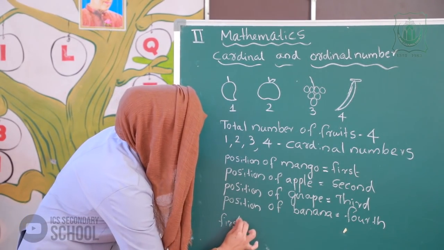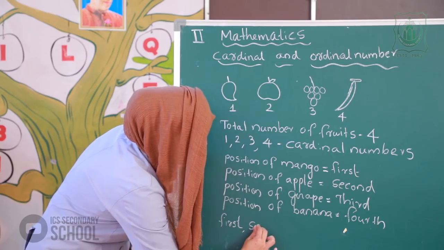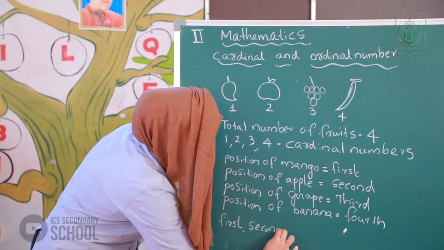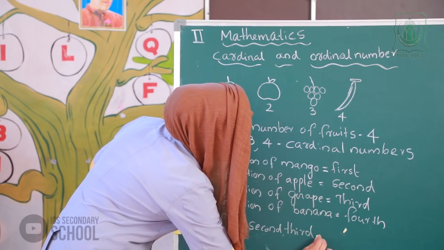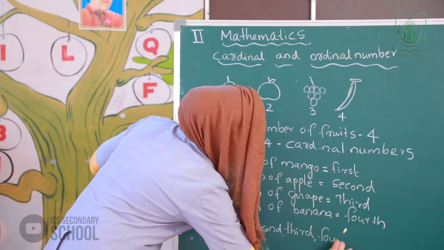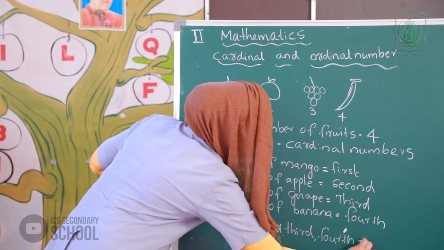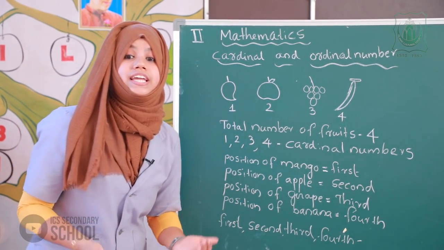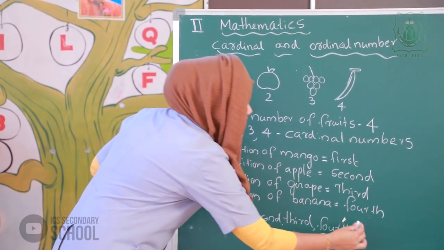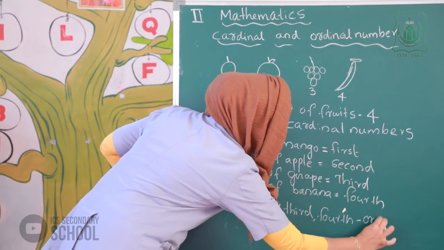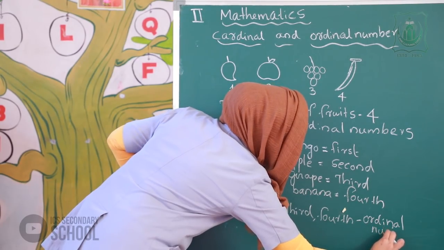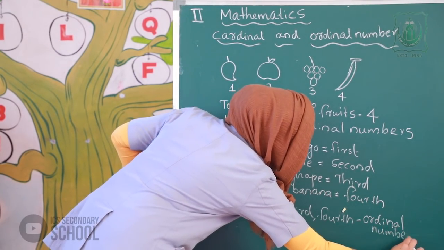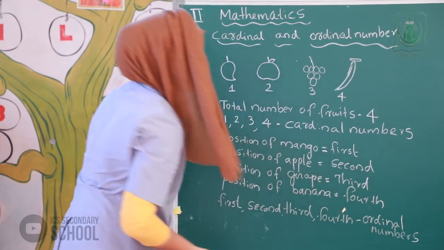First, second, third, fourth. These are ordinal numbers.